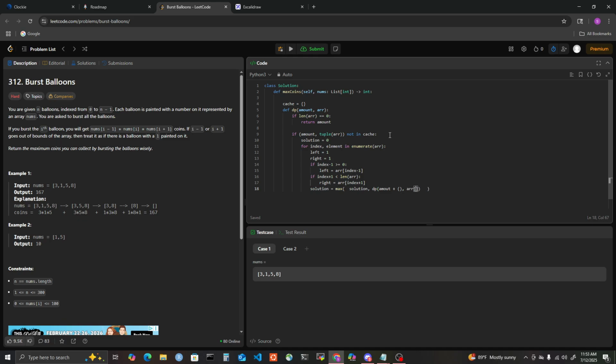And then it's going to be array from index, and then plus array of index plus 1 onwards. And Python is actually stupid easy for this kind of problem. Well, actually, we'll see. This could totally be a complete failure.